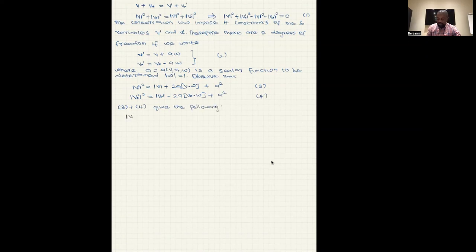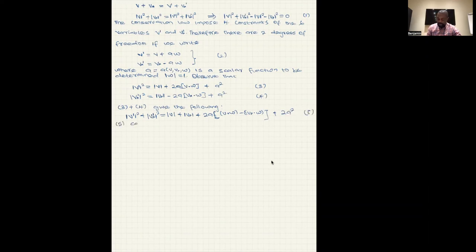The absolute value of v prime squared plus the absolute value of v star prime squared is equal to the absolute value of v squared plus the absolute value of v star squared plus 2A times the difference of v dot omega minus v star dot omega plus 2A squared. We call this equation 5.